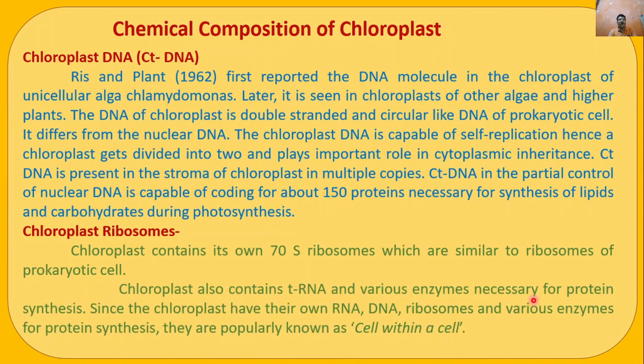Apart from this, chloroplast also contains other chemicals like tRNA and various enzymes necessary for protein synthesis. Since chloroplasts have their own RNA, DNA, ribosomes and enzymes of protein synthesis, they are also known as a cell within the cell. So these are the different chemicals present in the chloroplast.